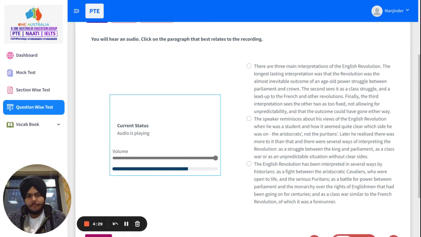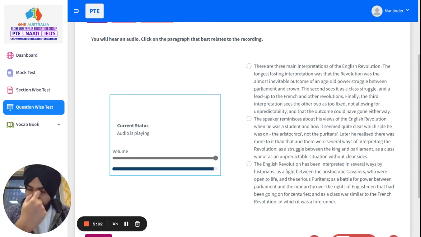Historians who supported the third approach saw that things weren't as clear-cut as the others thought. Instead of seeing the revolution as the result of long-term trends in the country's history, and therefore almost unavoidable, they focused on the details of the period immediately leading up to its outbreak, and allowed for its unpredictability. The two sides also weren't so clear-cut, with some aristocrats supporting Parliament and some members of the working class fighting on the side of the monarchy.